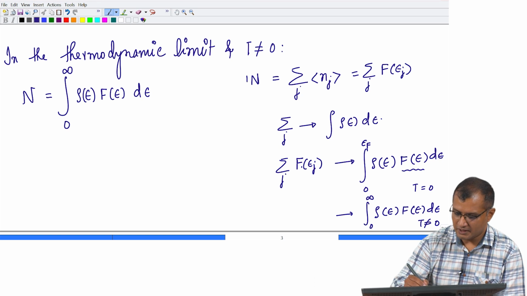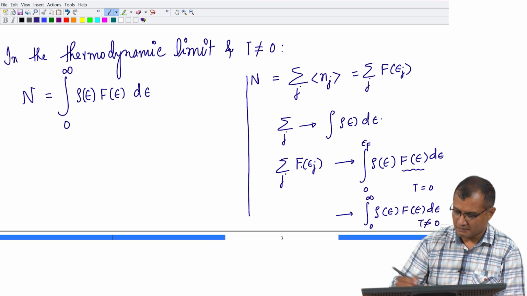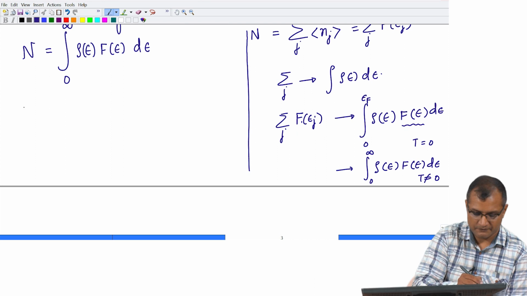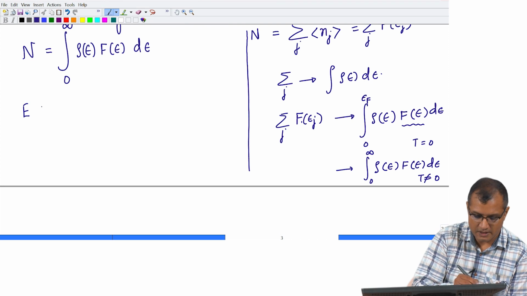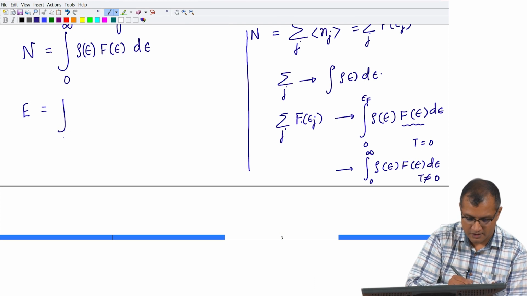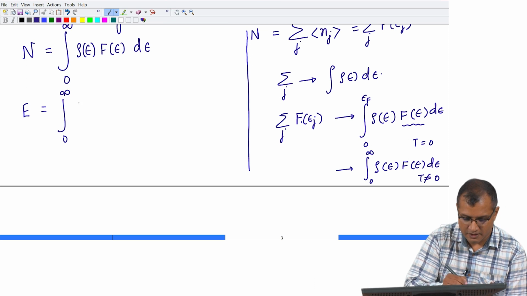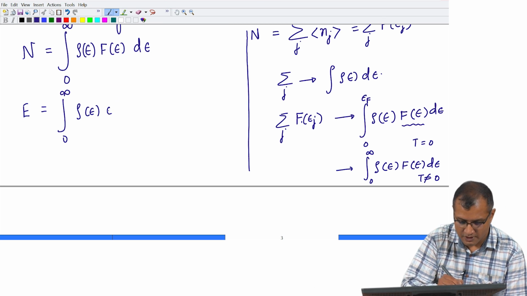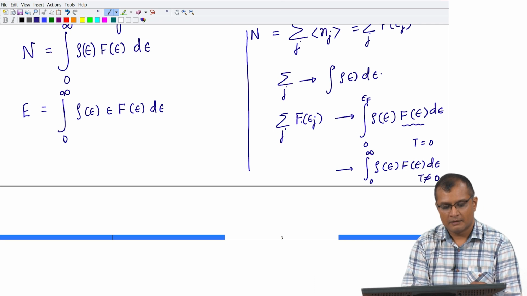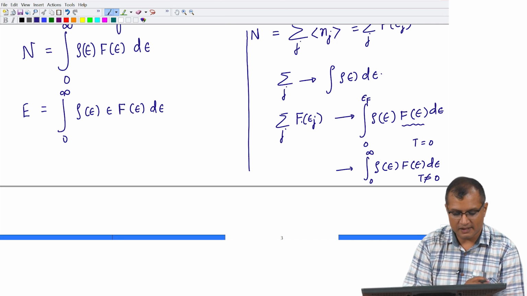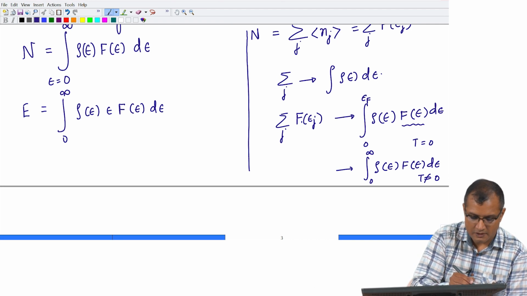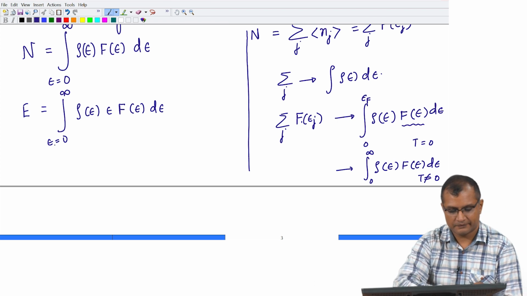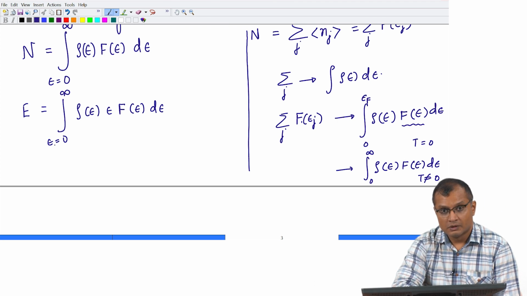I am going to be interested in integrals of this type for total particles and for total energy, we will write down the integral as our density of states into energy into Fermi function integrated over all possible values of energy. In this case, the energies will go from 0 to infinity.